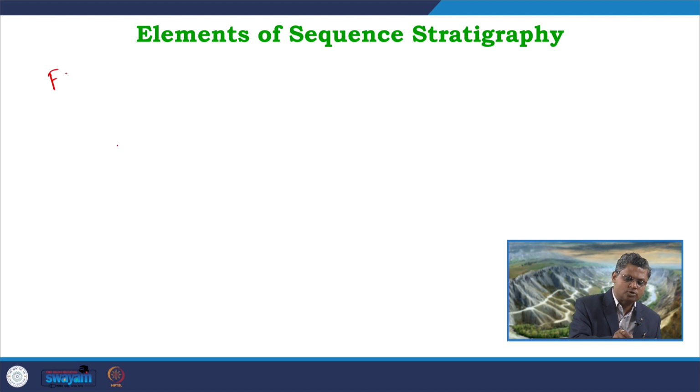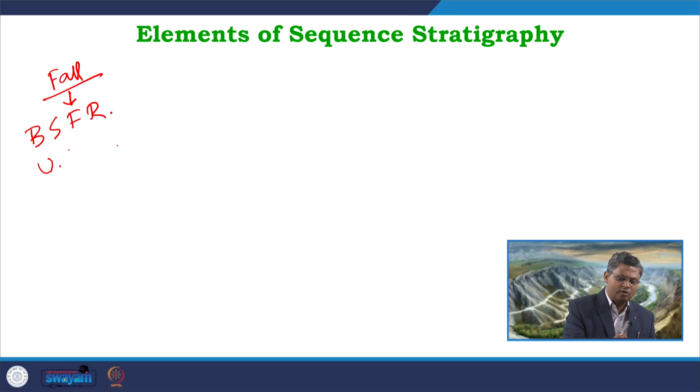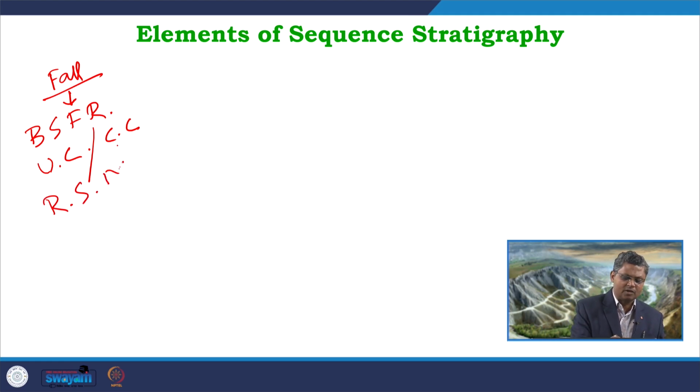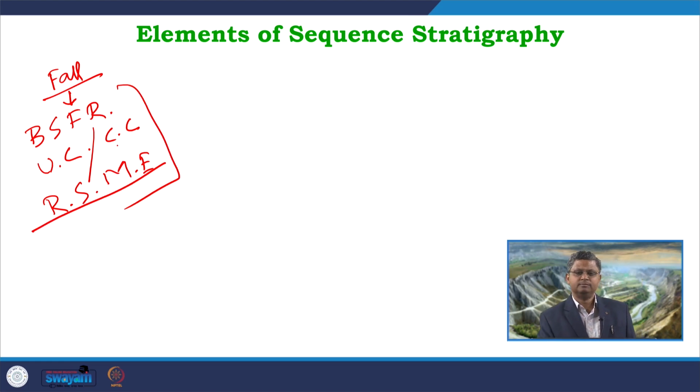The surfaces are: number 1 is the basal surface of forced regression, second one is an unconformity, and associated with this is a correlative conformity surface. We can also get a surface called RSME, regressive surface of marine erosion. So, these 4 surfaces: basal surface of forced regression, unconformity, correlative conformity, and regressive surface of marine erosion, these 4 surfaces are associated with base level fall.